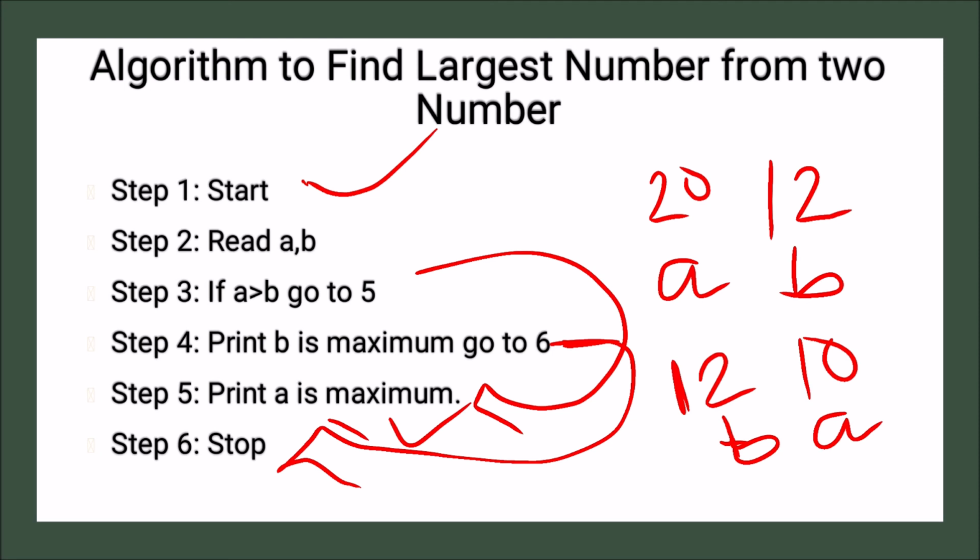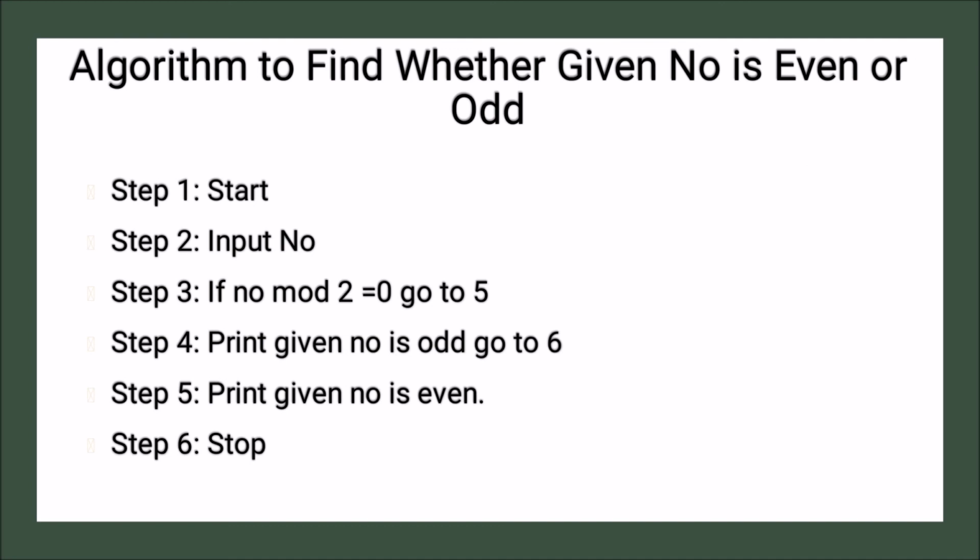And this is the second example, of how to find whether a given number is even or odd. The basic idea is that if the modulo of any number by 2 is 0, then the number is even. Step 1 is obviously start.